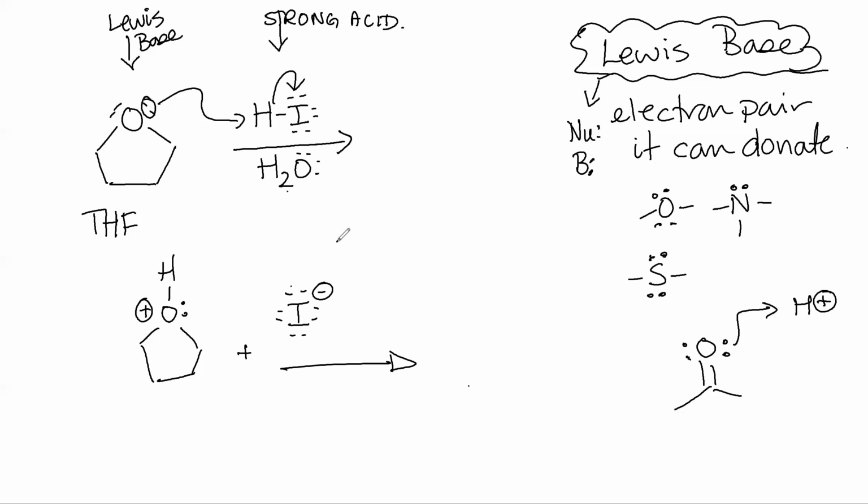Because we now have a good nucleophile, and we now have a structure that has a good leaving group associated with it. Because remember, hydroxide's a terrible leaving group, but water's actually a pretty good one, because when it leaves, it's leaving as a neutral molecule.